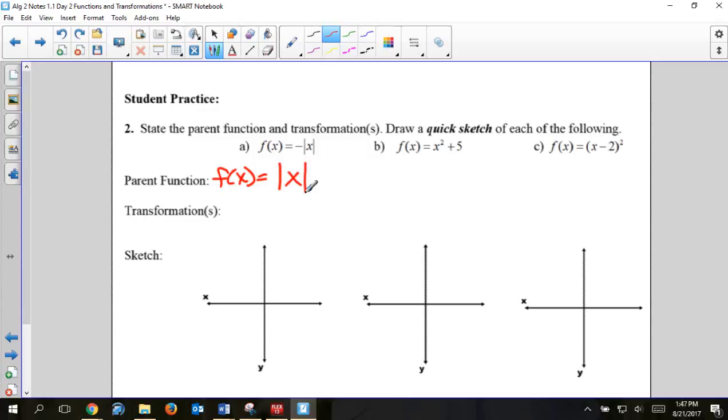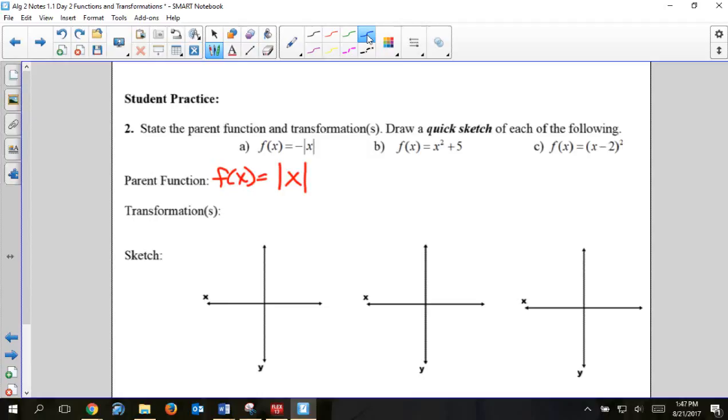Then we have to say the transformation. So we look at the parent function, then we look back at question A. What changed? Aiden, do you know what changed? What operation? Multiplied by a negative 1. Now, this negative means there's some sort of reflection. Is it going to be horizontal or vertical? So you ask, is it in parentheses, like is it in the absolute value bars, or is it outside?